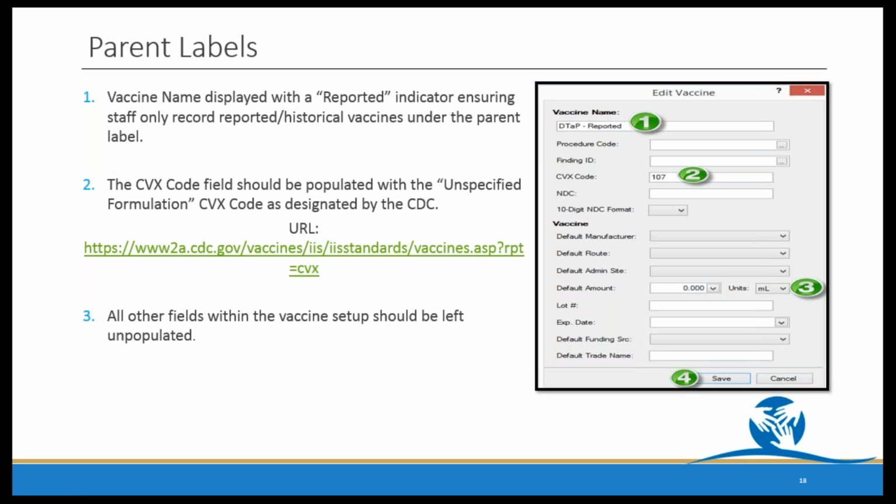So I would go in and I would create a vaccine called DTaP Reported. The CVX code is 107. But I would highly suggest that you go out to the CDC website and print off the CVX codes and the manufacturers for the vaccines that you're going to be creating as reported.